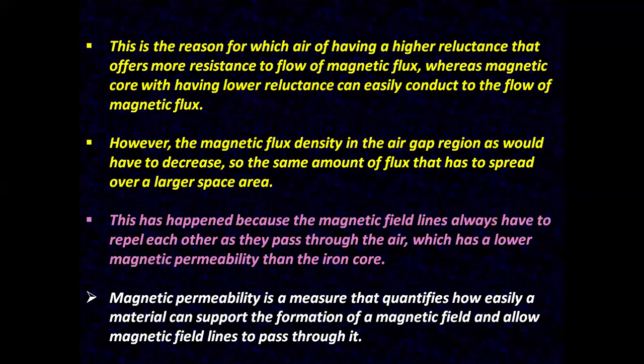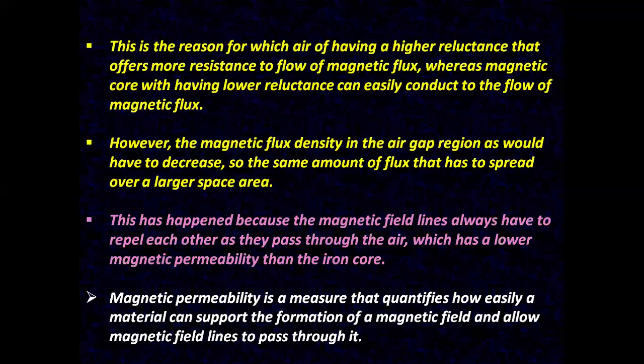This is the reason why air, having a higher reluctance, offers more resistance to the flow of magnetic flux, whereas the magnetic core, having lower reluctance, can easily conduct the flow of magnetic flux.